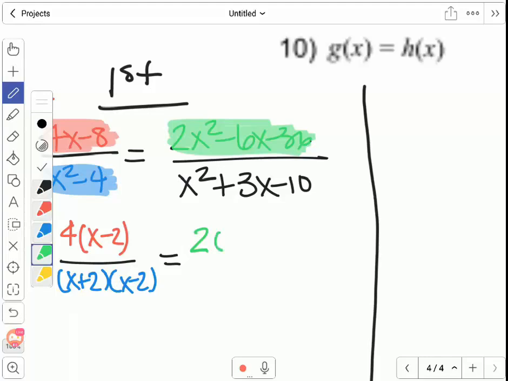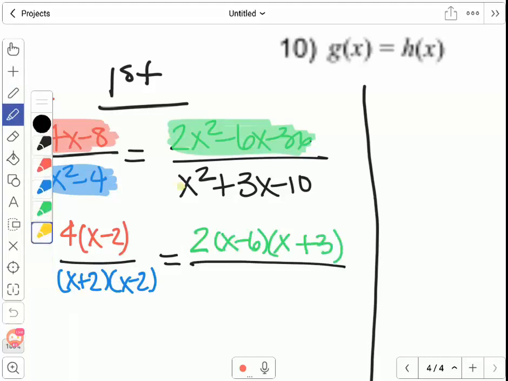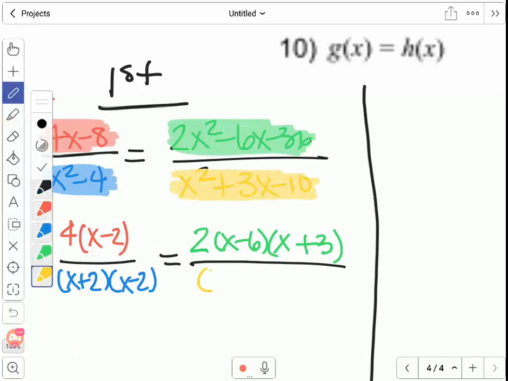That factors into 2 times x minus 6 times x plus 3 divided by x squared plus 3x minus 10, which is going to factor into x plus 5 times x minus 2.